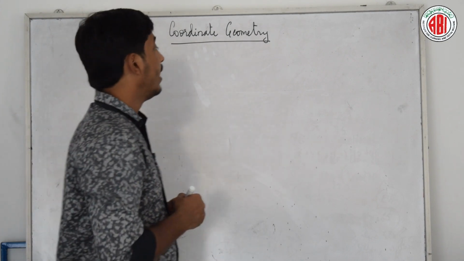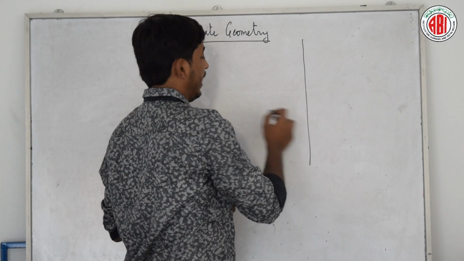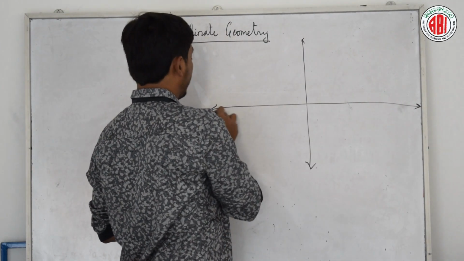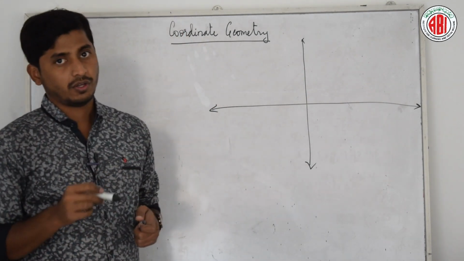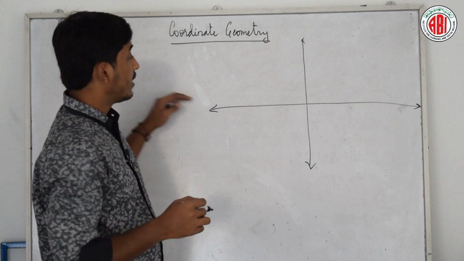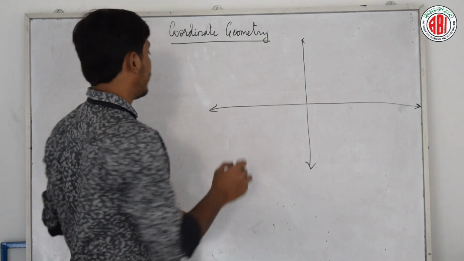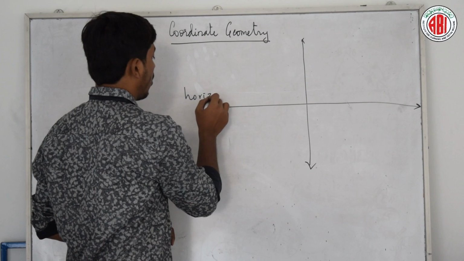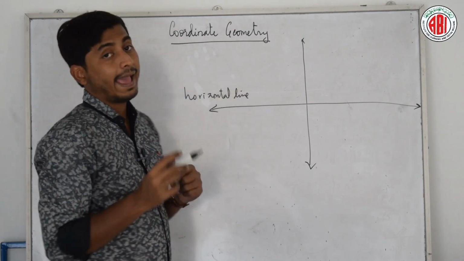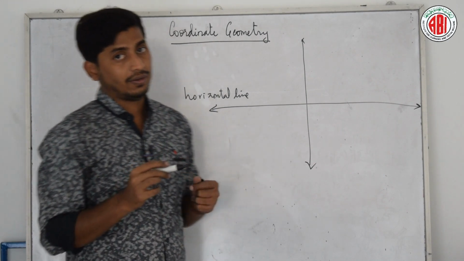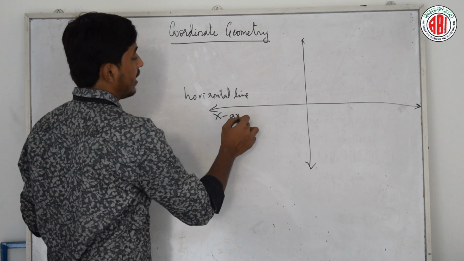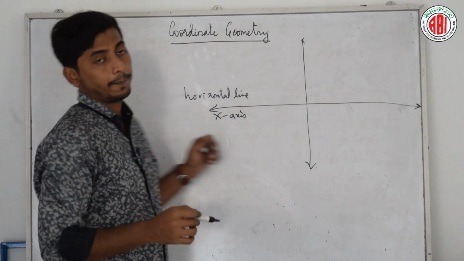Then I can divide the whole plane, or the whole sheet, into 4 parts by drawing these two lines. Hope you all know that. This is the horizontal line, actually called an axis, that is, this horizontal line is simply called the x-axis.